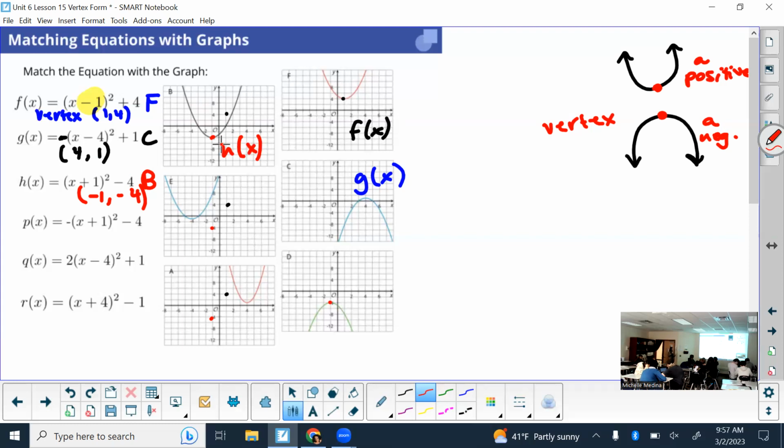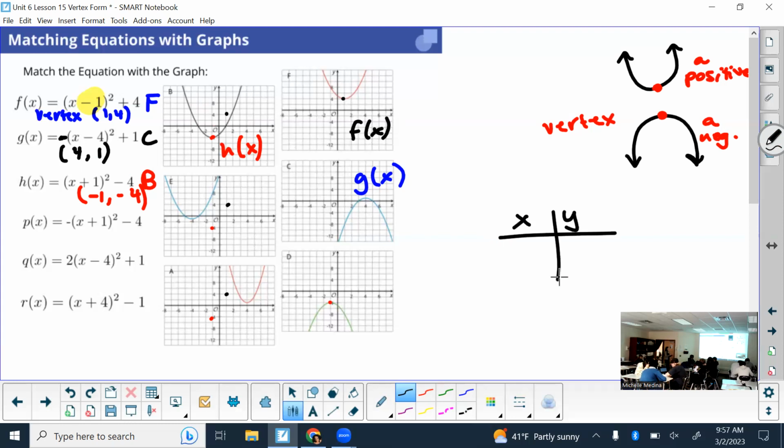All right, say you have two of the same vertices on two of your options, and then they both flip the same way. So that's what I was telling you earlier would happen on your test. In that case, I think even playing around with Desmos might not be that helpful.